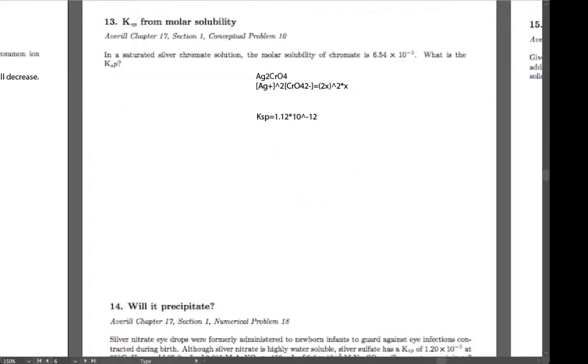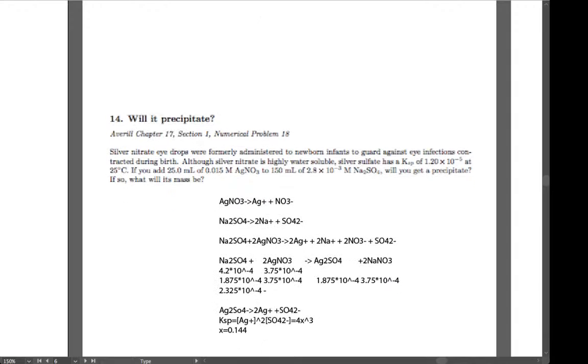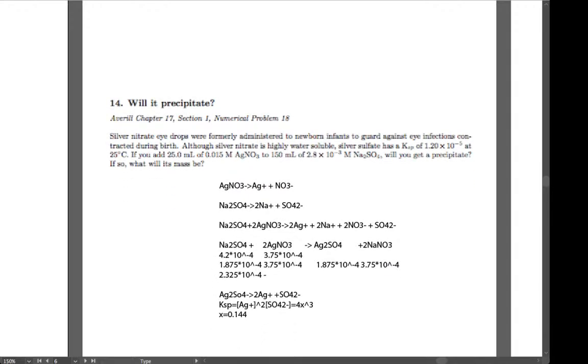Last time we actually got stuck at problem 14. All I did was do the same thing and try to figure out what it should be.